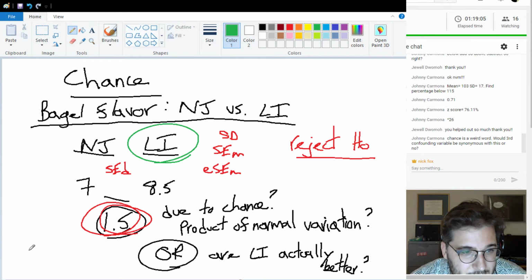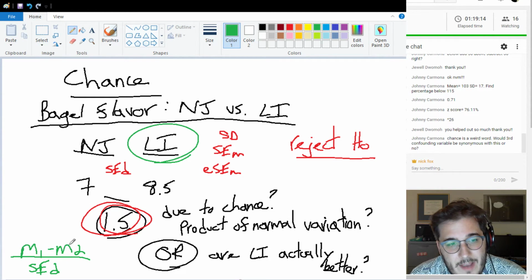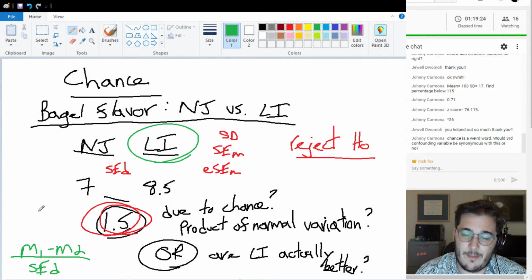So let's look at the equation. It's mean 1 minus mean 2 divided by the standard error of the difference, right? If the numerator is very big compared to how much variance you have, then you're going to get a big t-value, right? And a big t-value makes it easier and easier to reject the null hypothesis.